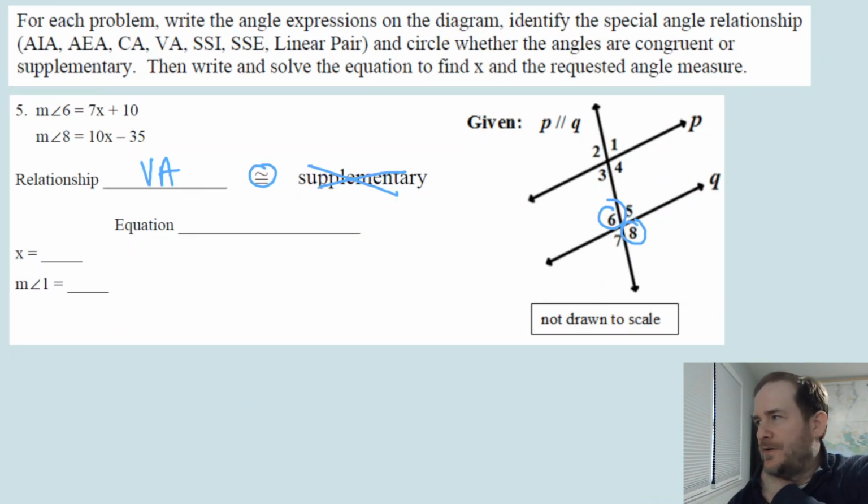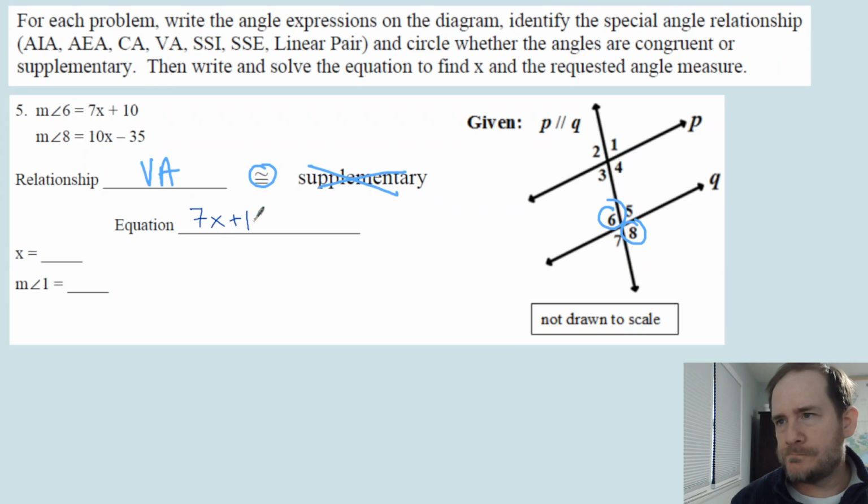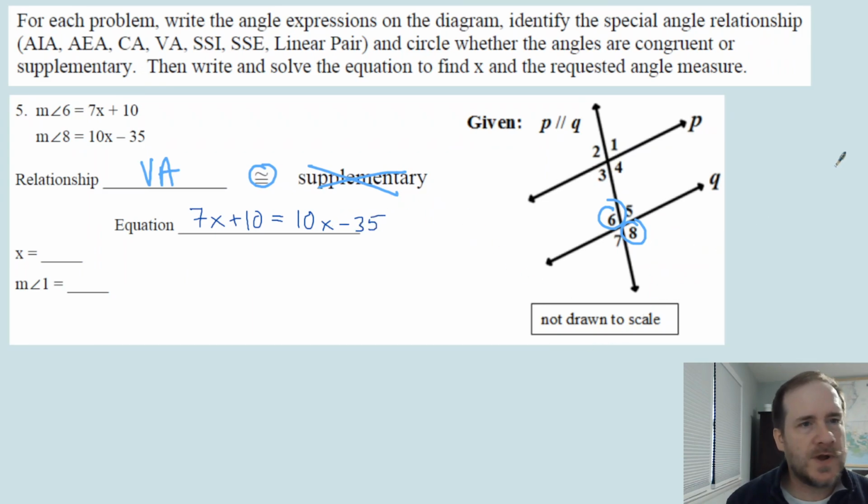So these guys are congruent too. So you'll set it up just like the last problem, where the 7x plus 10 should be equal to the 10x minus 35. So same thing.